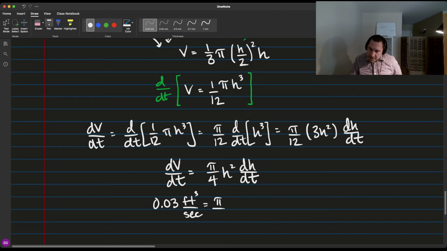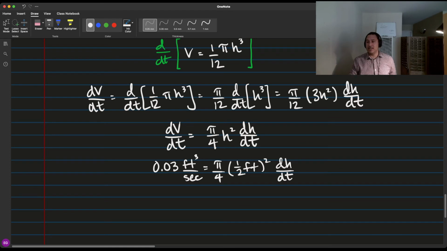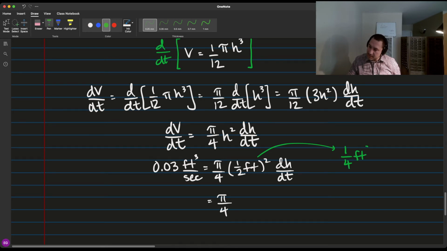The pi over 4 is just pi over 4. But the h at which we are wondering about when the water is draining was half a foot. So you put half a foot quantity squared. And this will allow us to solve for dh dt. If we multiply that through, we're going to get pi over 4. Now, if you take the 1/2 foot and square it, you're going to get 1/4 of a foot squared.